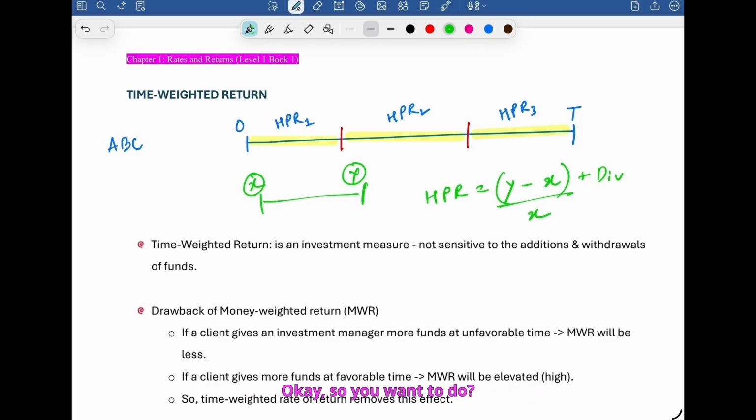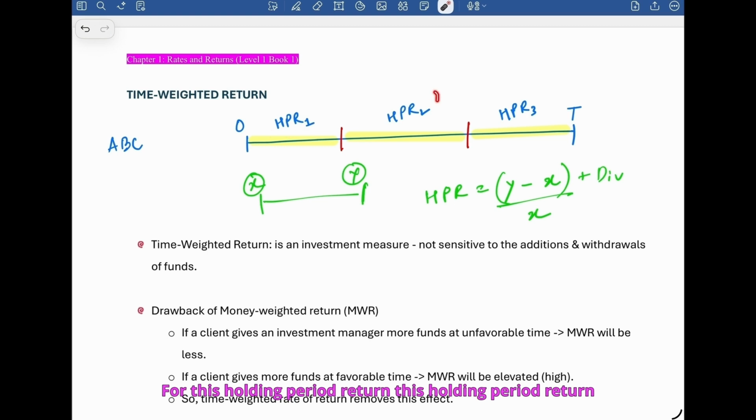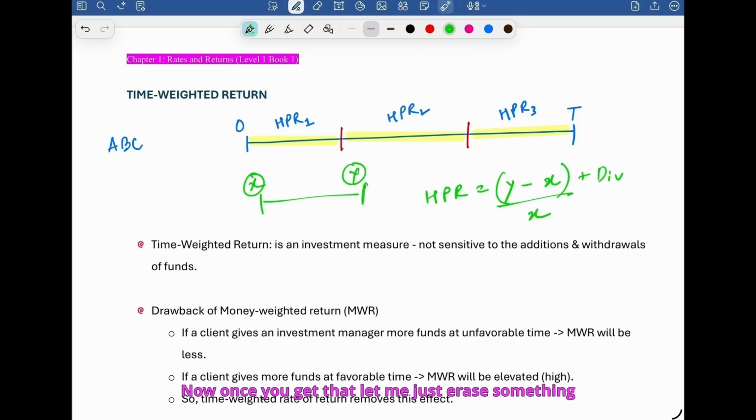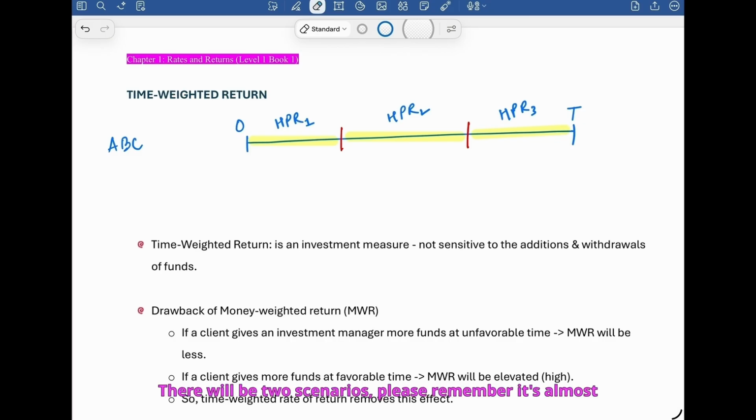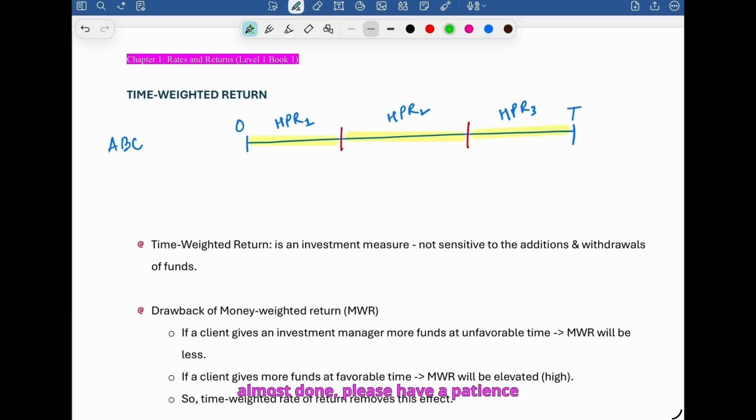So you want to do the calculation for this holding period return, this one, and this one. Once you get that, there will be two scenarios. Please remember, your time weighted return is almost done. Please have patience.